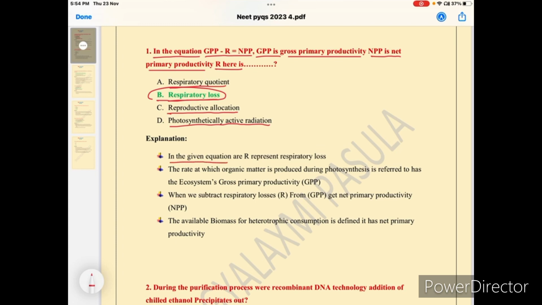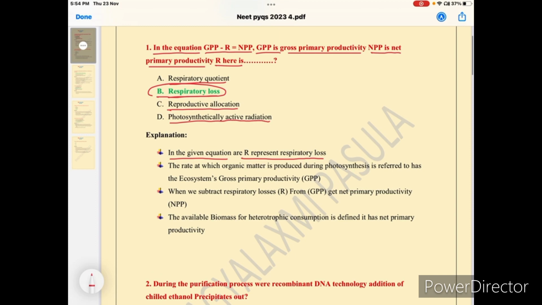In this equation, R is represented as respiratory loss. The rate at which organic matter is produced during photosynthesis is referred to as the ecosystem's GPP, gross primary productivity.